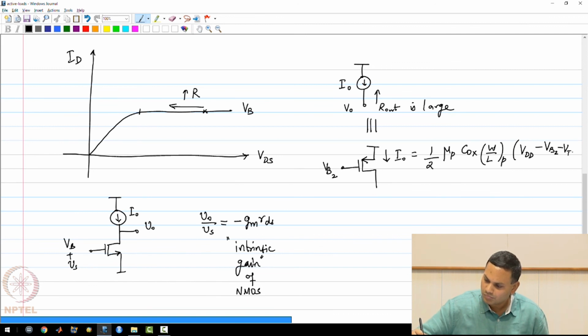In this way, right? So I need to choose VB2 and W over L of the PMOS transistor such that it has a current I0.